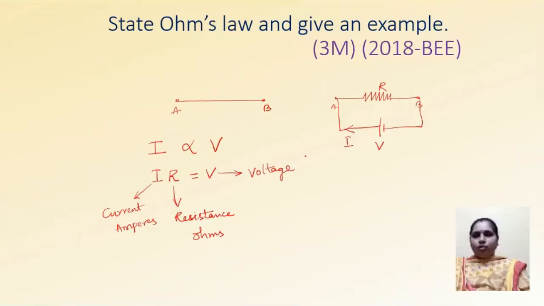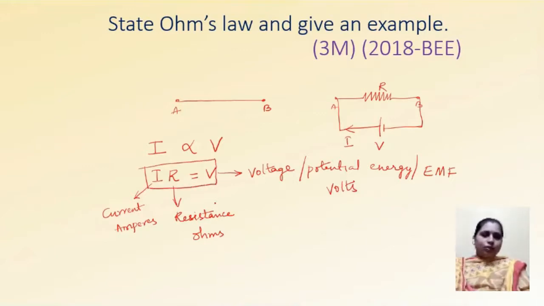It can also be known as potential energy or electromotive force, that is the force given to the electrons for the movement. So it is nothing but voltage, electromotive force. The units are volts. So this is the statement, and this is the formula you are going to get through Ohm's law to calculate the values of current, voltage and resistor.